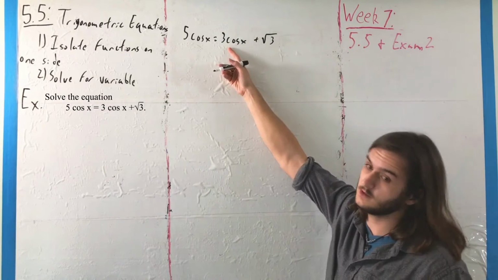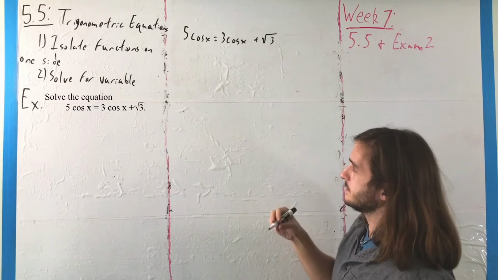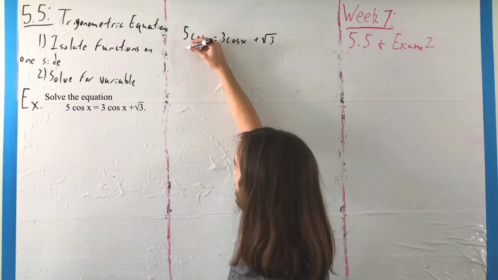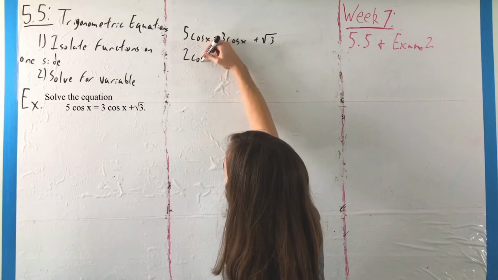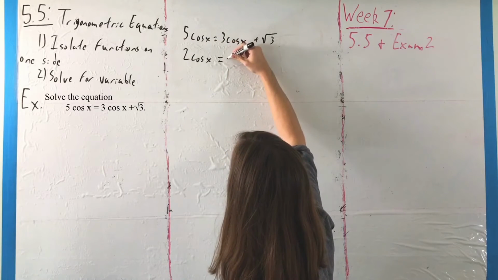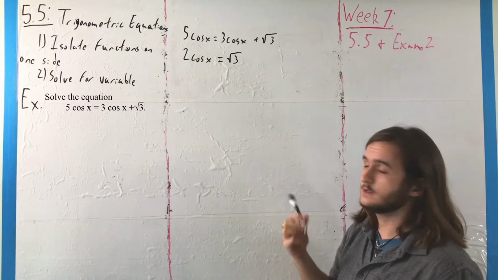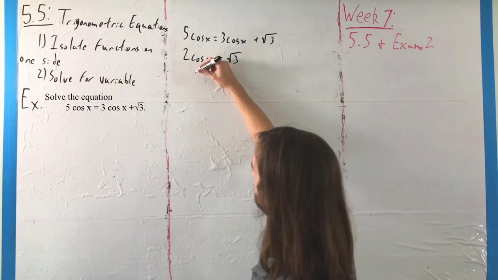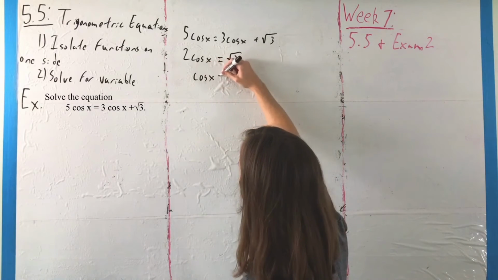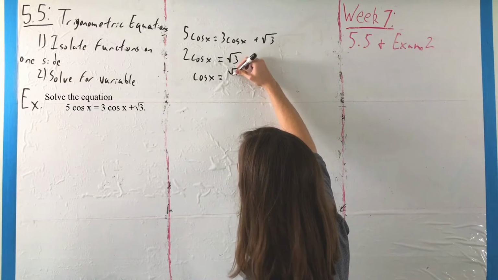On the right side, that goes away, while on the left side we will have 5 minus 3, or 2 cosine x, and that's just equal to root 3. And then from there, we can divide out the 2, and we'll have cosine x equals root 3 over 2.